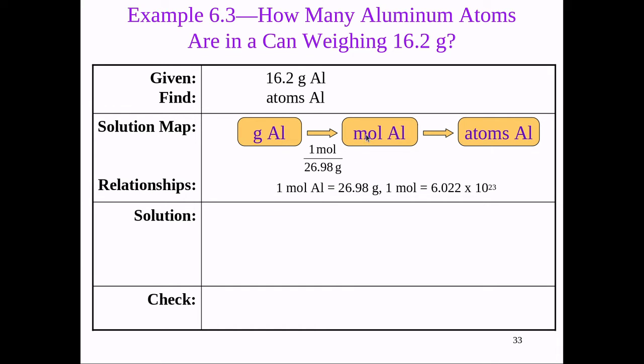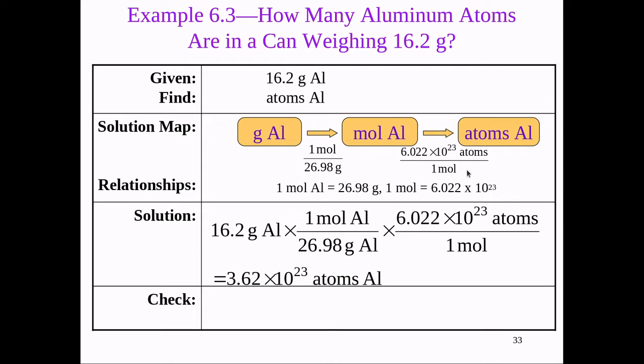To convert from grams to moles, we put the moles in the numerator, the grams in the denominator. To convert from moles to atoms, we put the atoms in the numerator and the moles in the denominator. When we put them all together, it looks like this. We start off with the mass that we had in our problem, 16.2 grams of aluminum.